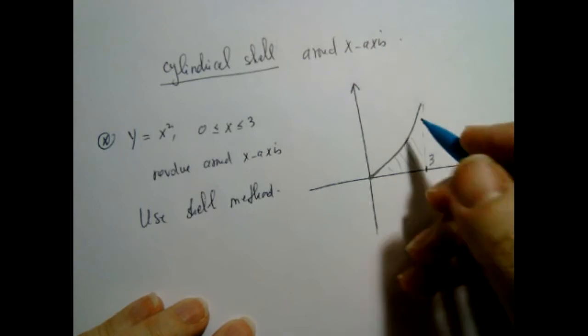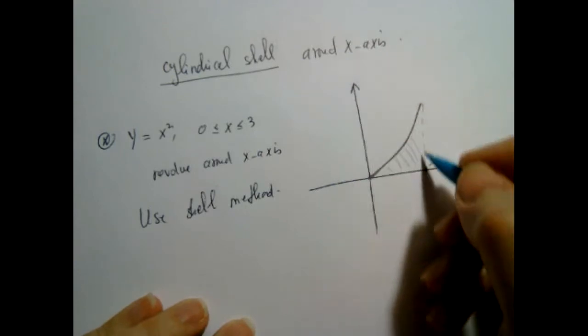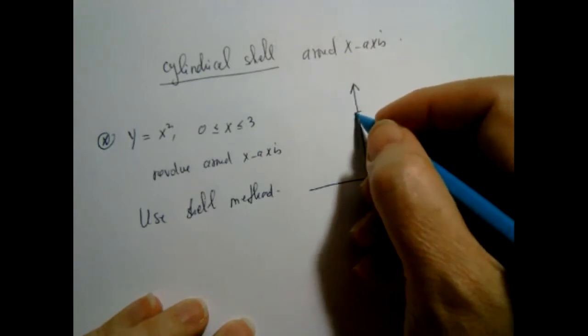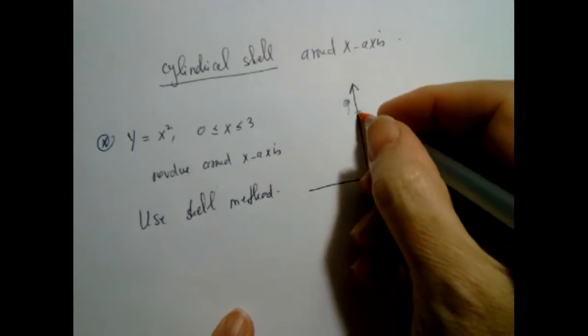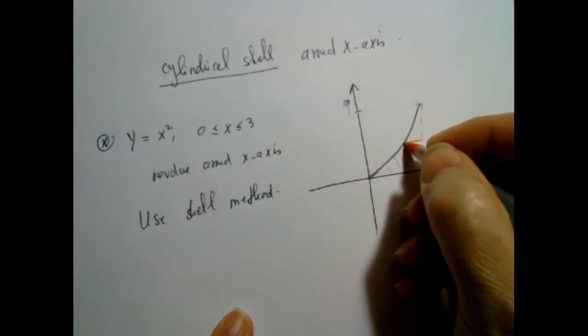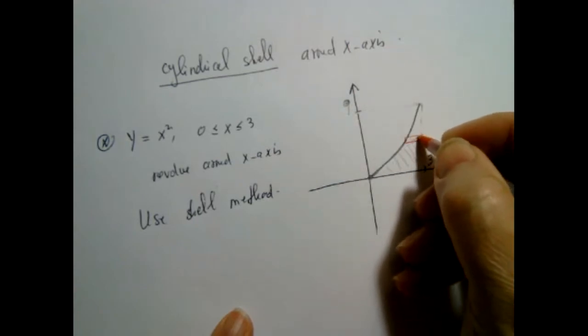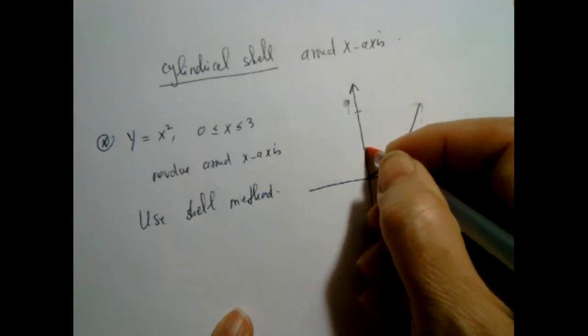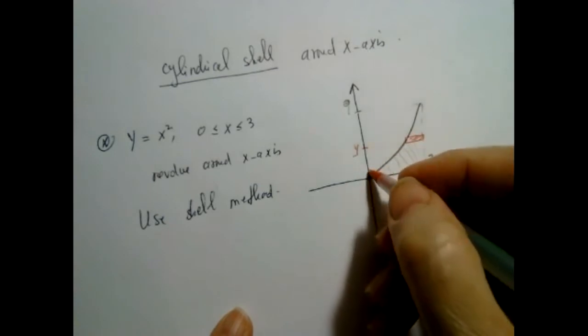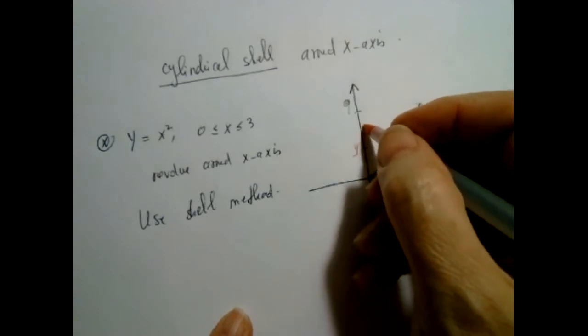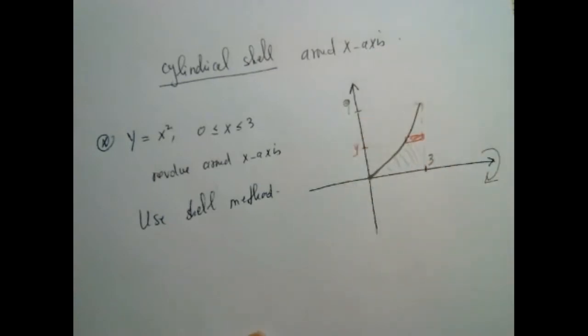Now, the shell method means we take slices. So if this is 3, right here has to be a 9. The shell method means that you have to take slices parallel to the axis of rotation. So if I'm going to take those slices right there, it means y is my variable. That's the interval I am splitting into pieces and rotating every piece.